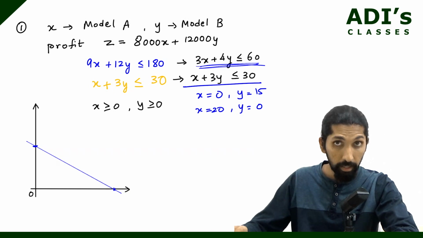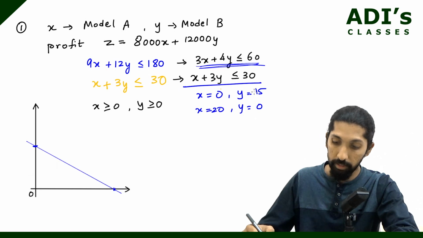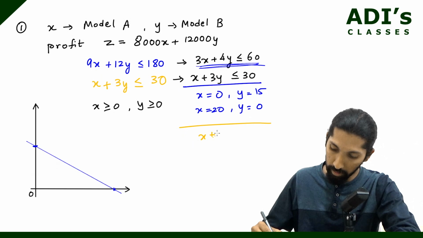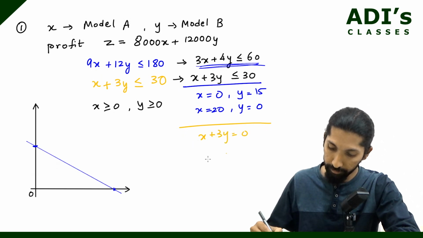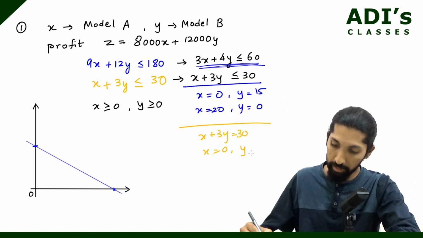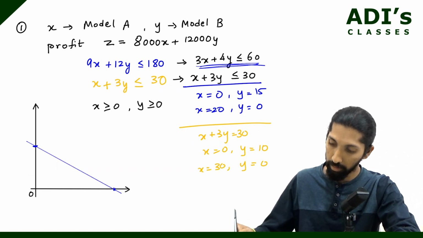Now for the second case, we have x plus 3y less than or equal to 30, right? We take x plus 3y equal to 30. When x is 0, y is 10. When y is 0, x is equal to 30, correct?